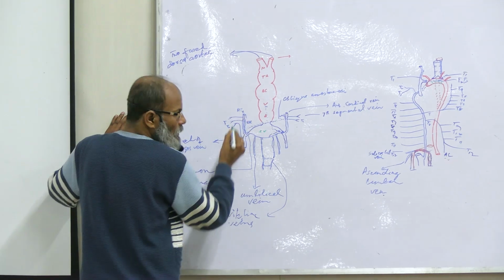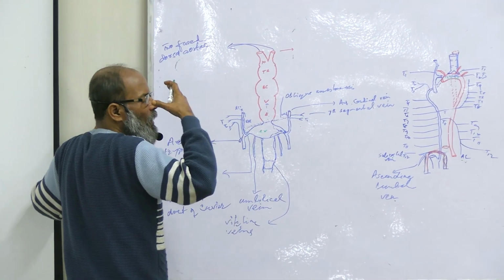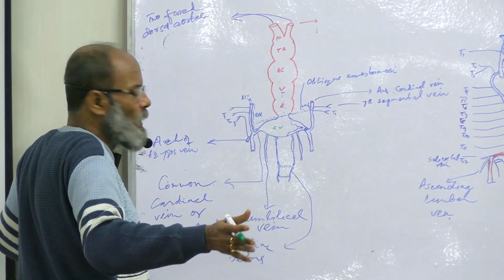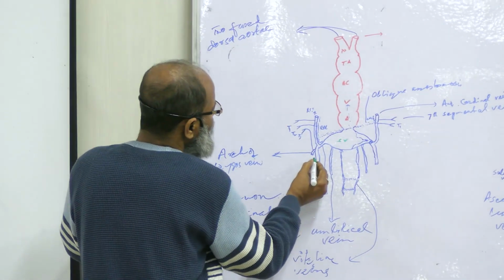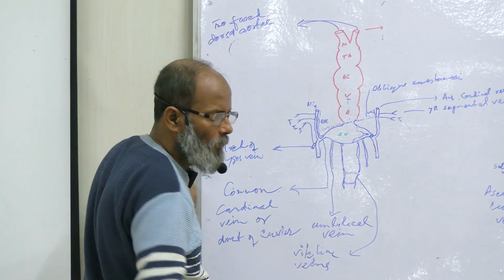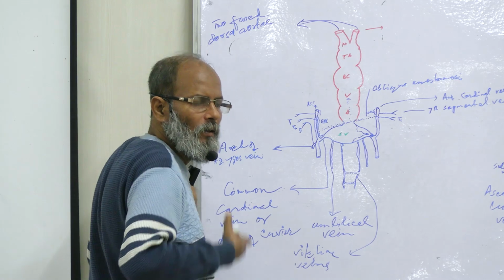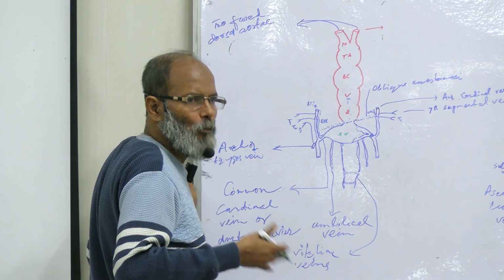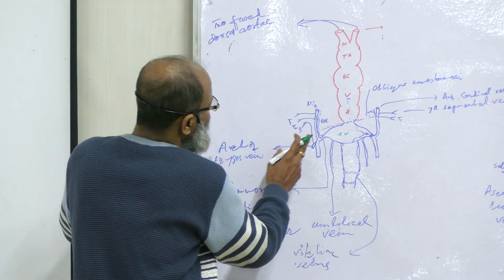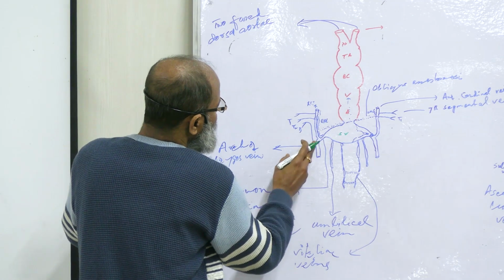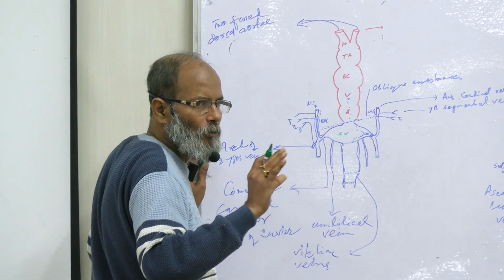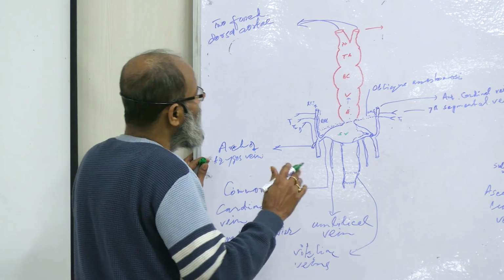This is the anterior cardinal vein coming from the upper part of the body and the superior extremity. This is the posterior cardinal vein draining blood from the inferior extremity and the part below the thorax. They join with the sinus venosus through a common duct known as the duct of Cuvier.